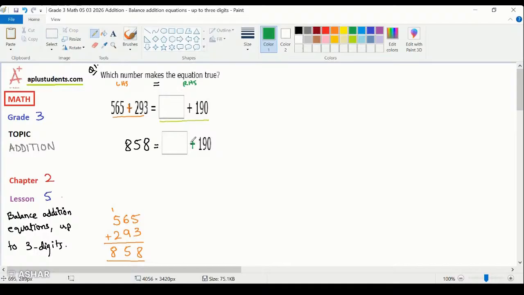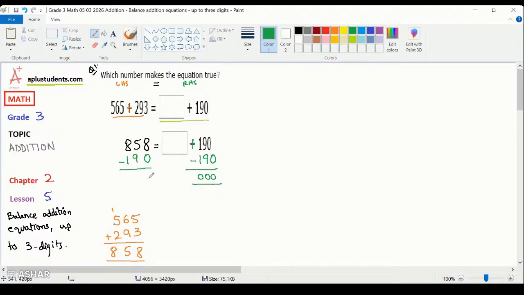We need to remove this 190. So can we subtract 190 from both the sides? That means 190 minus 190 would be 0. Agreed?